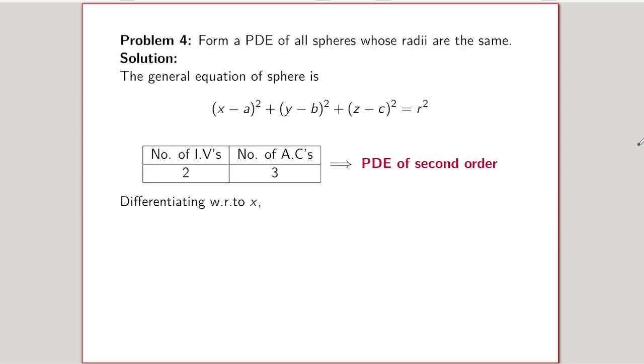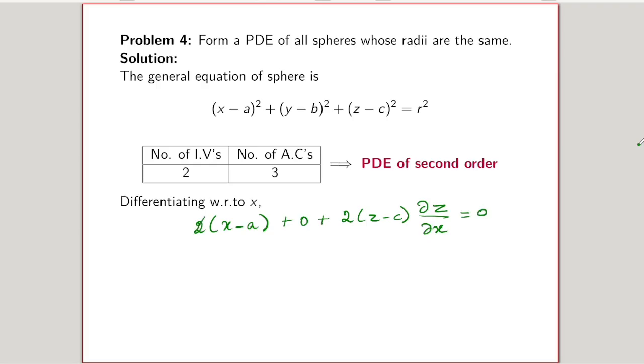So now differentiating the given equation with respect to x, we will be getting 2 into (x minus a) plus 0 plus 2 into (z minus c) into ∂z/∂x. This will be equal to 0.